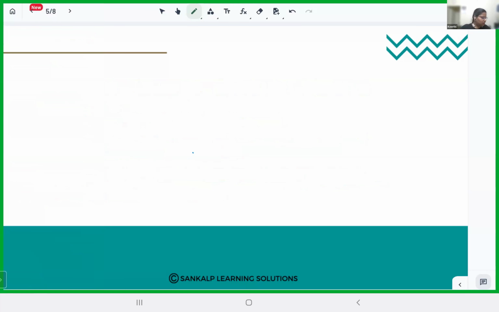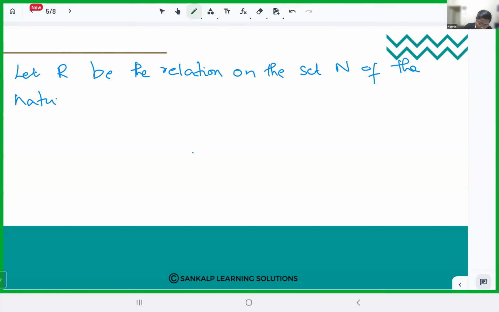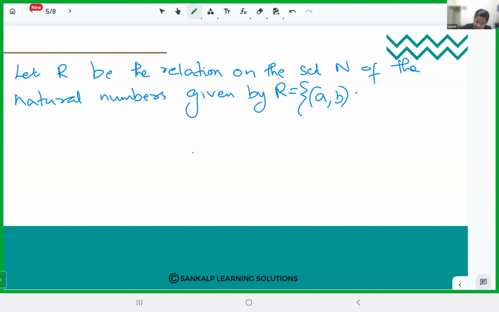So the first question is: let R be the relation on the set N of natural numbers given by R equal to the set of all ordered pairs (a, b) such that a minus b is greater than 2 and b is greater than 3.